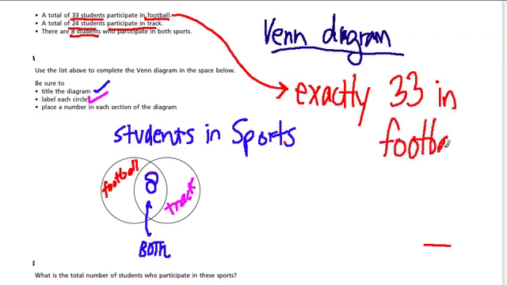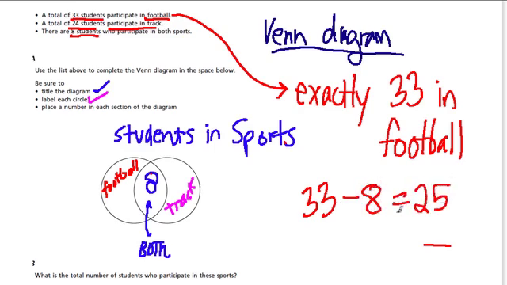Well, if there are 8 people who like football and track, those 8 are already counted. There were 33 in total, we already counted 8, so 25 are left who just like football, because together the 8 and the 25 have to equal all 33 students in football.